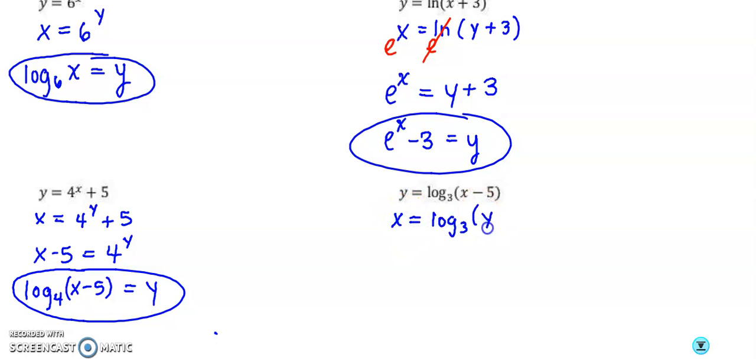Let's not forget to do that. So now, since the 5 is inside of the log, we have to eliminate the log first. So I'm going to base 3 both sides, so that will eliminate the log base 3 on the right and leave us with y minus 5. So then your final answer is 3 to the power of x, and then after that, big plus 5 to get the y by itself.